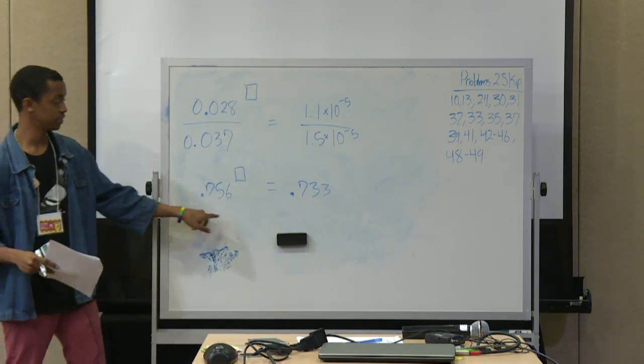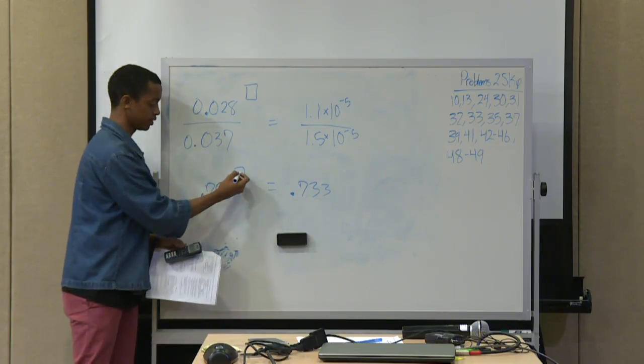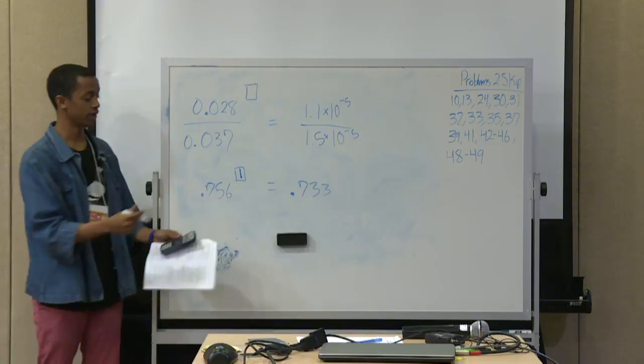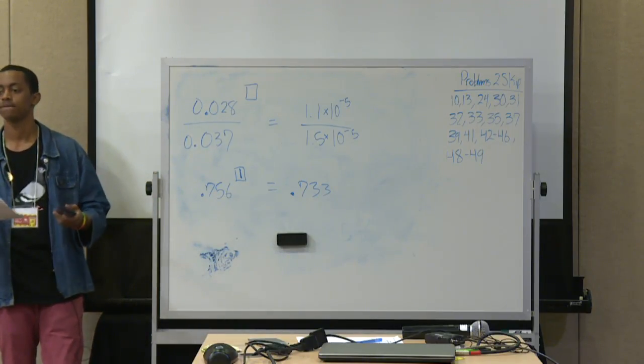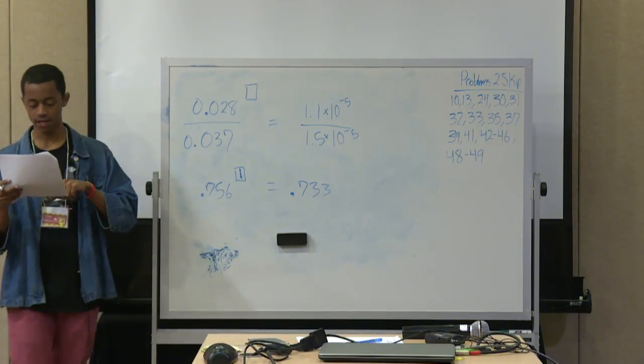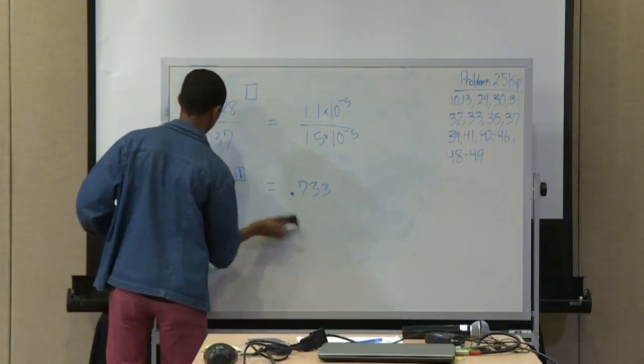In this problem, these two numbers are close enough to each other for us to say that this exponent up here is just 1. And what does that number 1 represent? First order. So I know that our formula has to have chromium with a 1 exponent next to it. So now we do the next one.